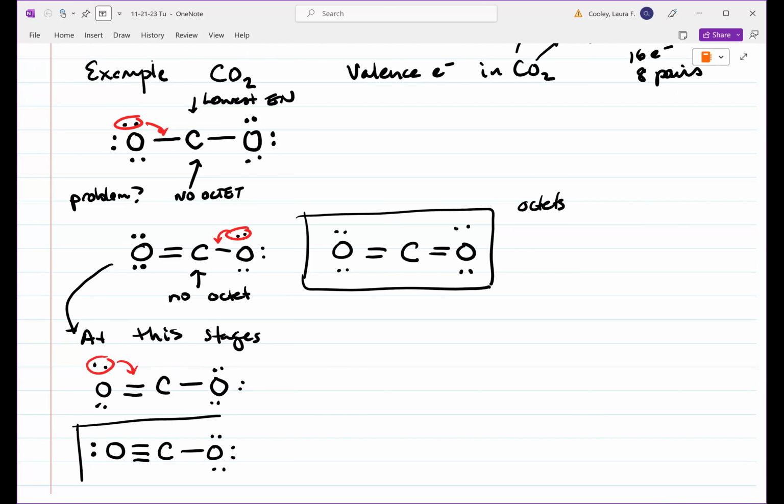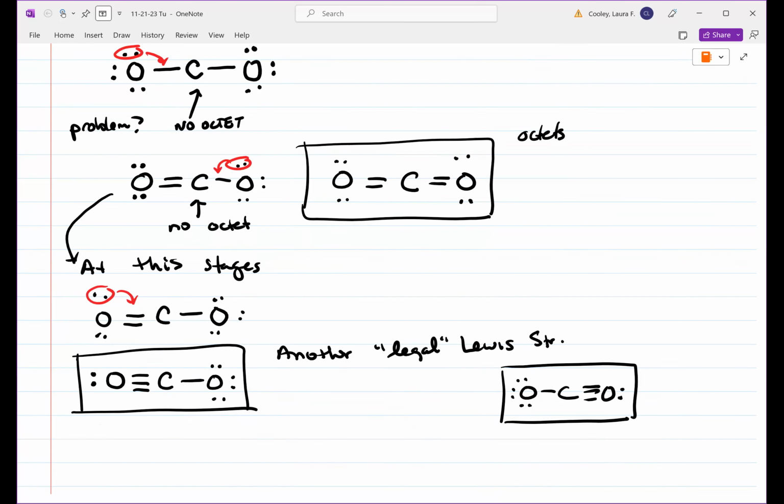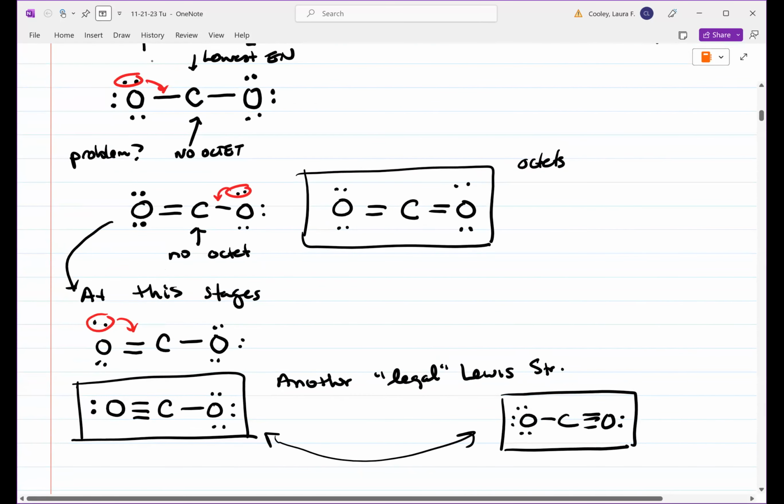Okay, so this is another legal Lewis structure. It puts octets on all the atoms, and I even could have done this one, right? I could have ended up with this, and these two are equivalent, right? You see that?